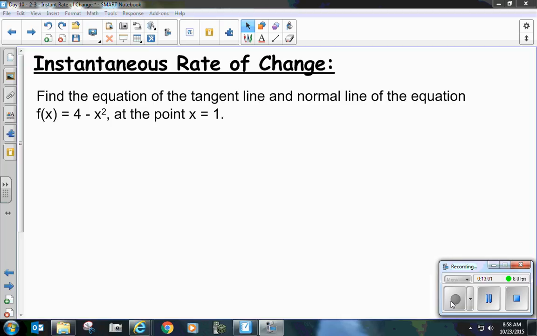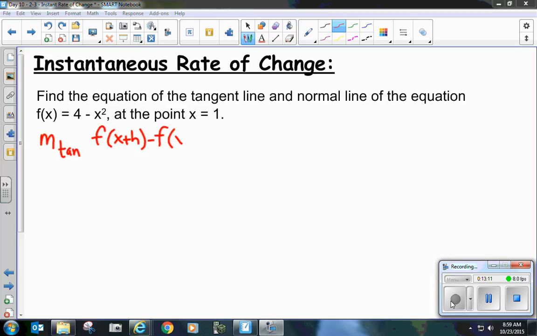So, how do I find the slope of the tangent line? Well, that's f of x plus h minus f of x all over h. It's the limit as h approaches 0, and it's at the point where x equals 1. All right?